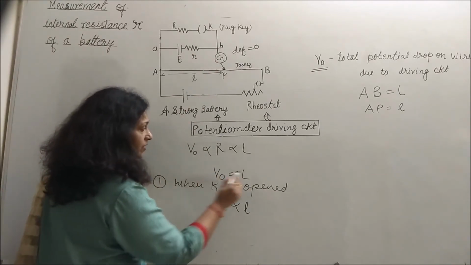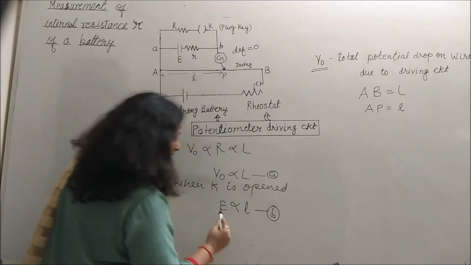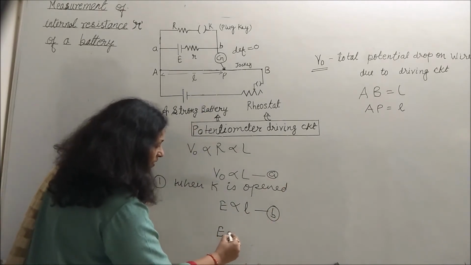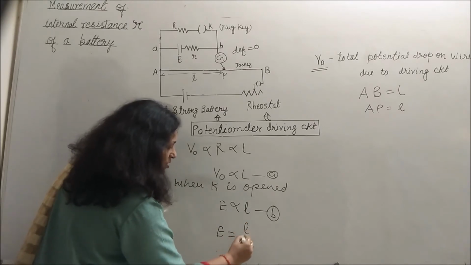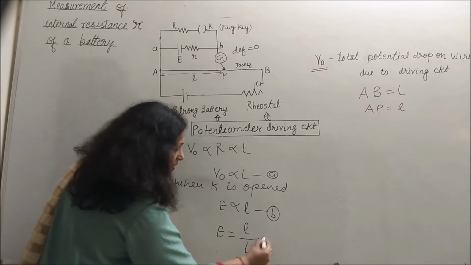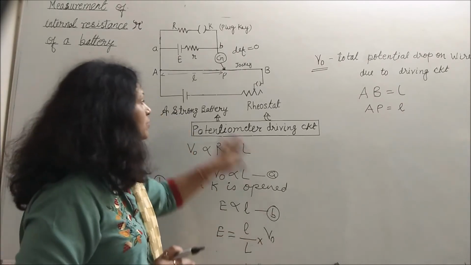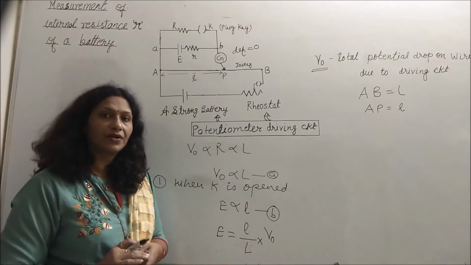With the help of these two, we get the result that the EMF of the battery is small l divided by the total length L of the wire, multiplied by the total voltage drop V naught across the metallic wire because of the driving circuit.